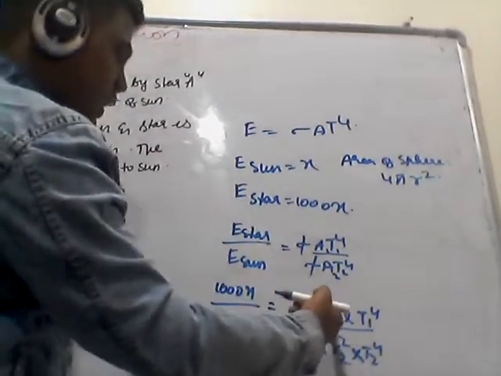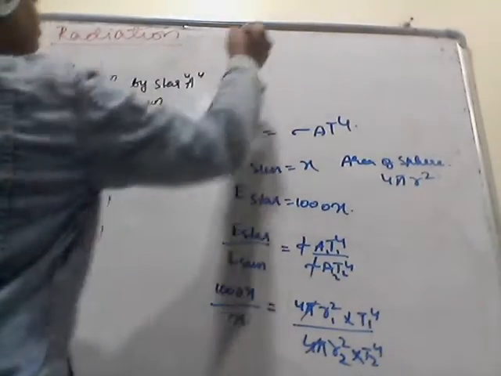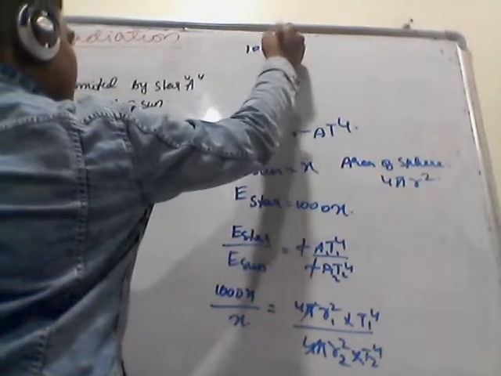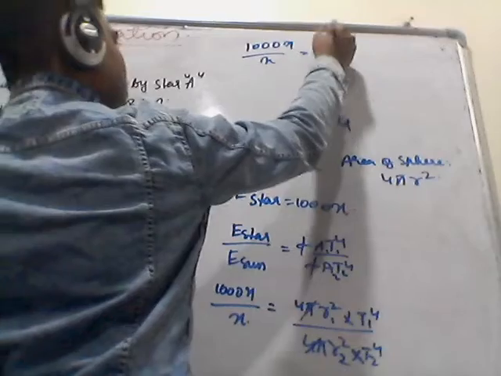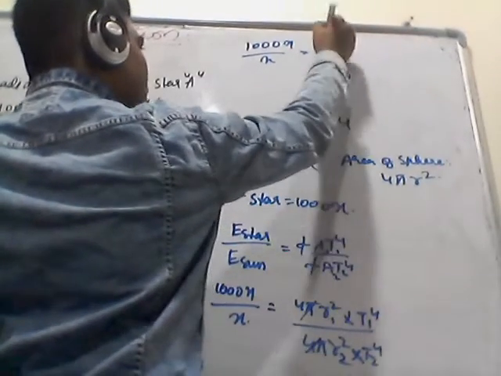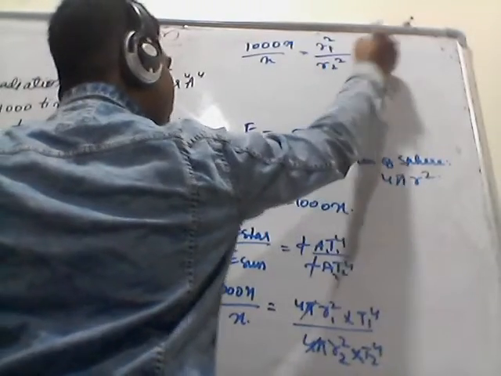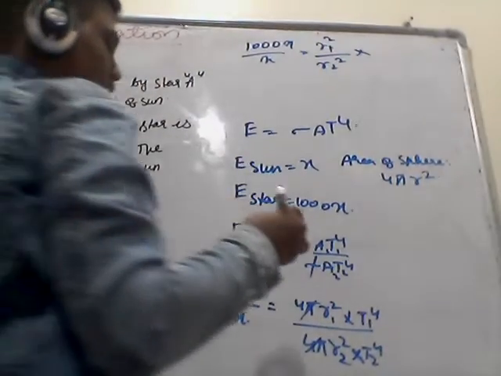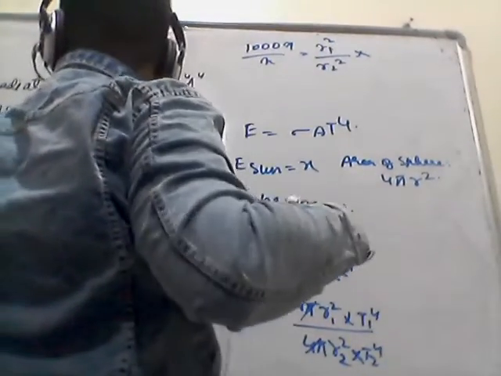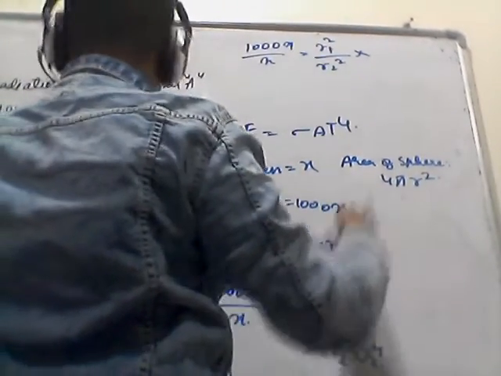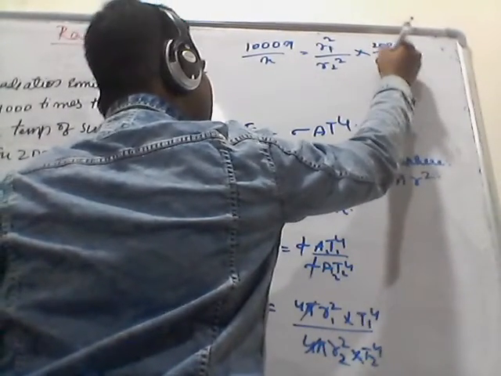Now see here, I will solve it here. 1000x by x is equal to r1 square by r2 square into T1 square by T2 square. What is T given to us? T1 is nothing but of the star, it is 2000 by 6000.